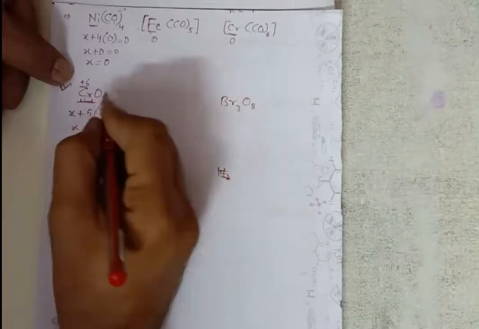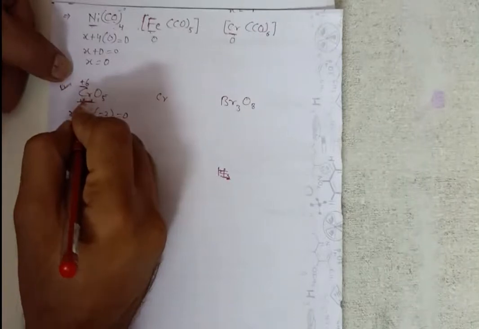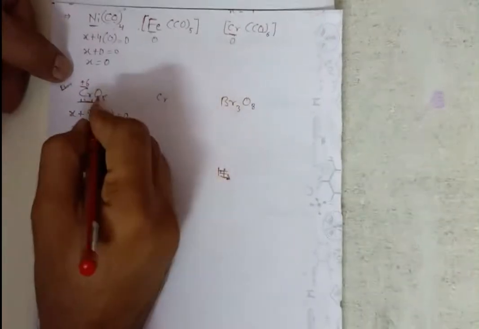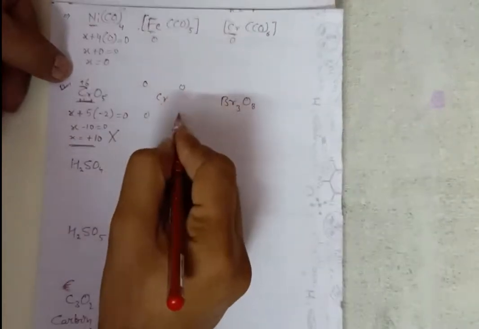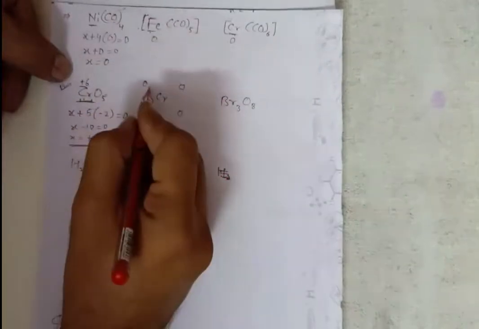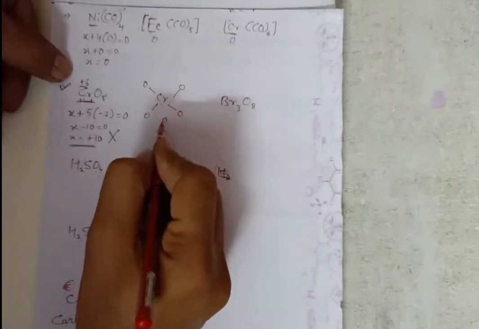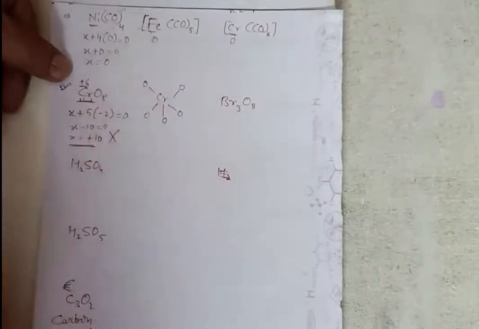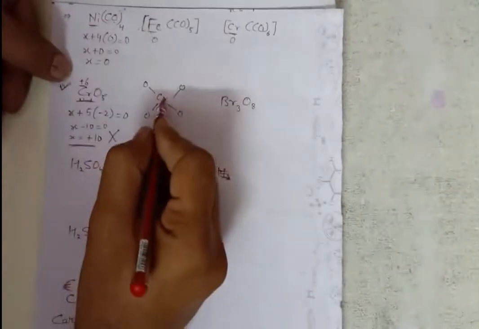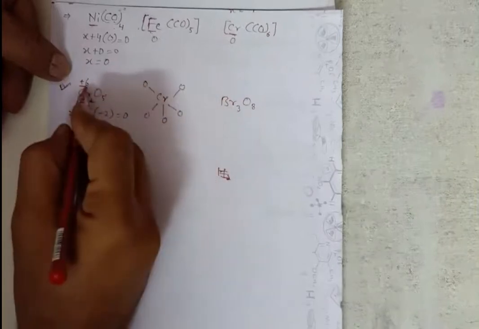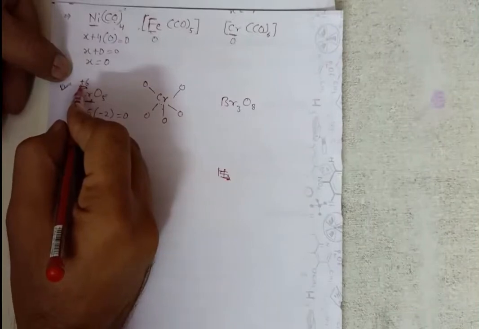So we have to draw the structure first. For this one, we write this single atom. A single atom we always write in the center. Now we have to write 5 oxygen. So 1 oxygen, 2 oxygen, 3 oxygen and 4. The last one I will place later. They all must be bonded to chromium because it is a molecule, and 1 oxygen I write here and it must be bonded with a single bond. So these all are 5 oxygen. This is chromium. Now I know that chromium can form a maximum of 6 bonds and its maximum oxidation number is +6.